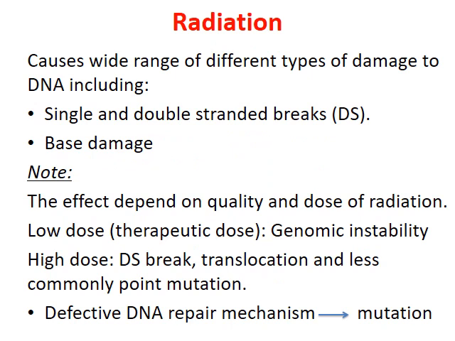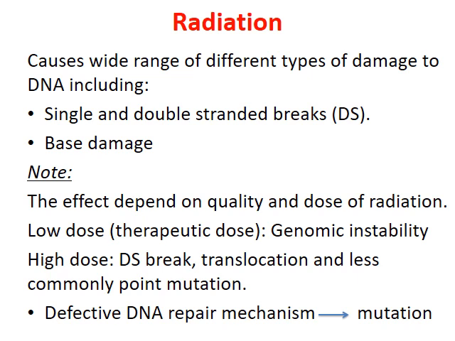How does radiation produce carcinogenesis? As we know, the radiation will affect the DNA. DNA is composed of two strands, and each strand is composed of different nucleotides. So, the damage that results from radiation either affects just the base, or a single strand or double strand.